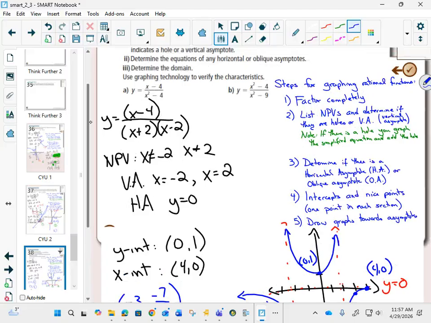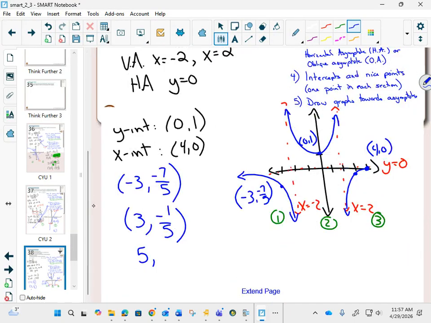If I plug in 5, the top will be 1 and the bottom is 21. So I know it'll go up, hit this point, and eventually come back down towards that asymptote, because that asymptote just says what's happening at infinity. What if it kept going up? It could go up higher. I don't need to know how, I just needed to know it went straight through and then came back down.